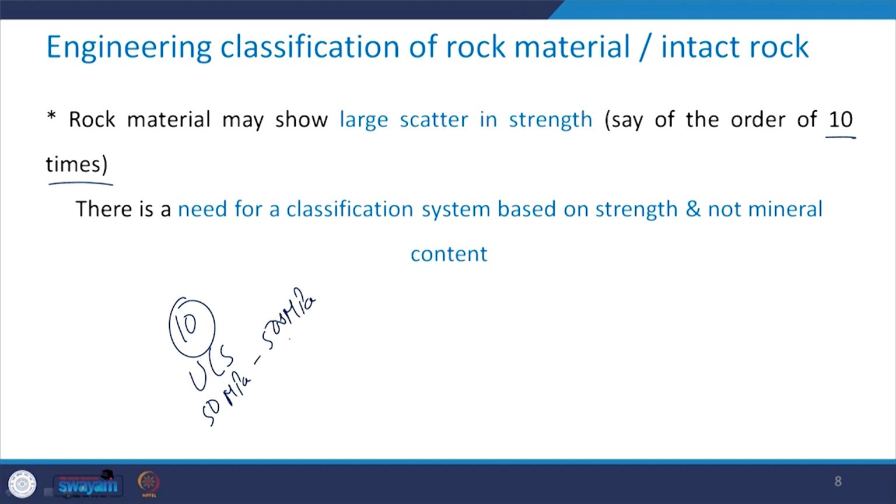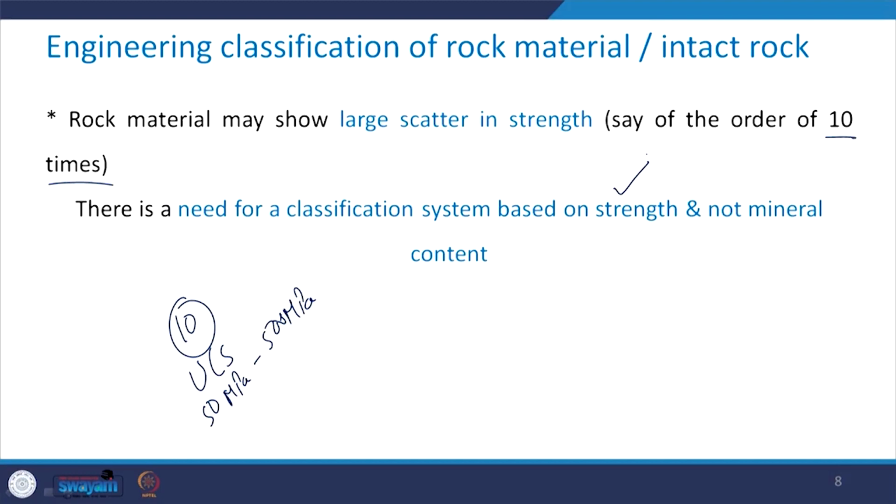And therefore, it is required that we classify the rock on the basis of its strength and not on the basis of its mineral content. Till now, I have been telling you that one rock is different from the other rock based upon its mineralogical composition.